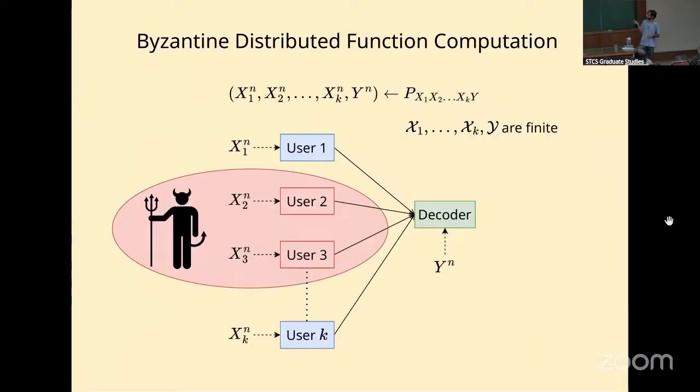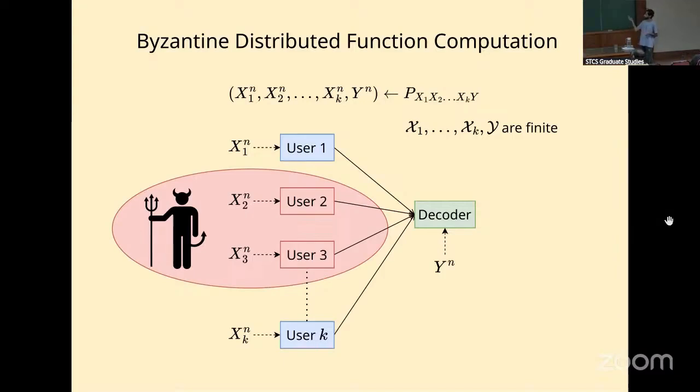What we want to see here is a special case of this function computation problem, which is the Byzantine distributed function computation problem. So what is this Byzantine element? There's an adversary who is allowed to corrupt a bunch of these users. What does it mean?